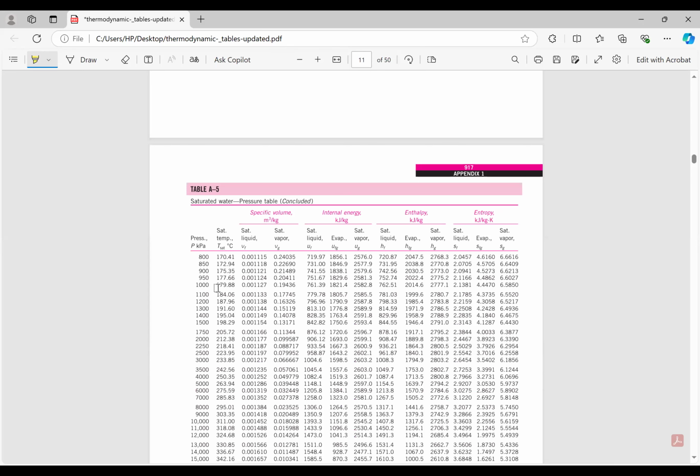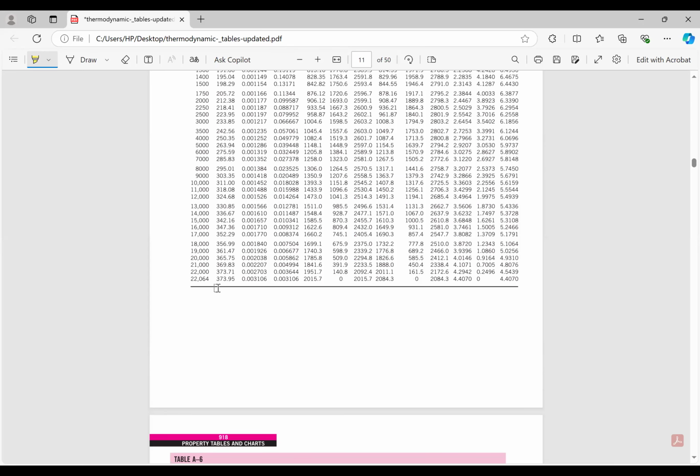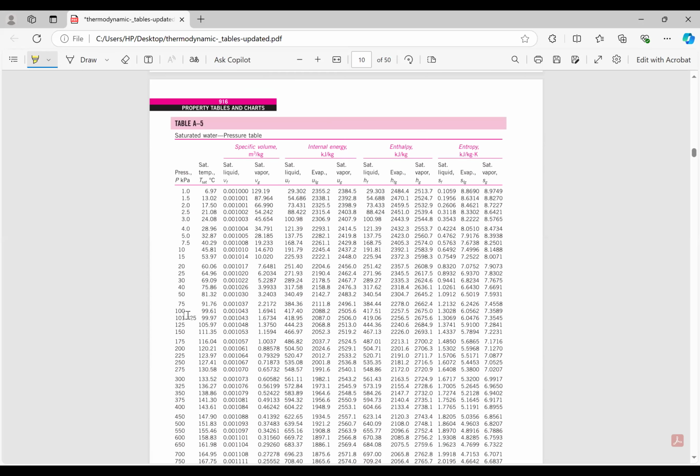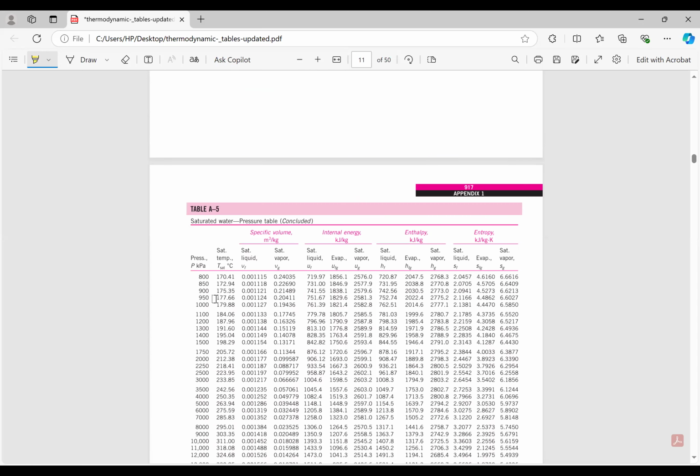So the value would have been 179.88 degrees Celsius, right? That would have been the value for the saturated water if it was saturated.